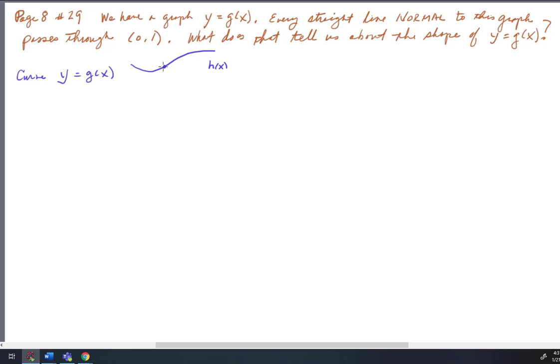If I pick any point on the curve, we could look at the tangent line to the curve at that point. And the normal to the curve would be a line that goes through this point perpendicular to the tangent.